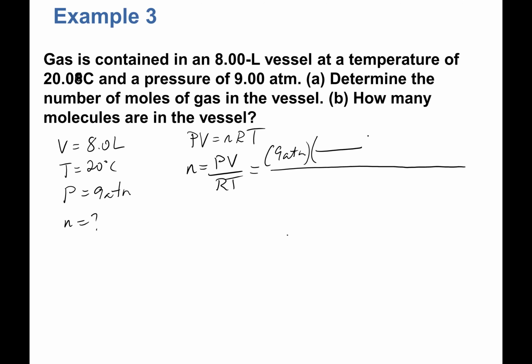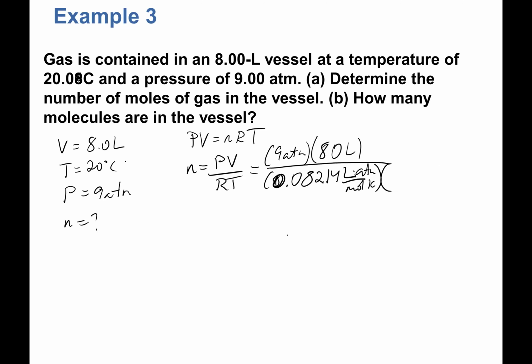But in the slides I have everything converted to Pascal, and I'm going to show you that, because you have liters and atmospheres, you can technically use those. So 8 liters, and for R, the constant, you use the other one, which is 0.08214 liters times atm per mole Kelvin.